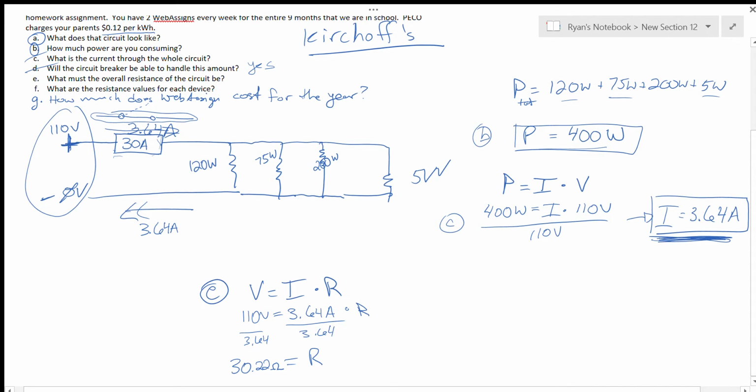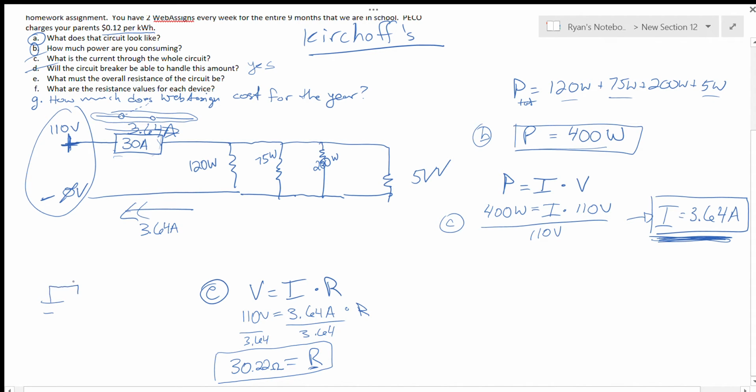Now what that means is, remember, I'm using the total current, the total power, the total voltage. So basically what I've done is create what's called an equivalent resistance. R is not the resistance of any one of these devices. It's the resistance of all four of those devices acting as one. For example, a circuit that looks like this. Here's my 110 volt source.